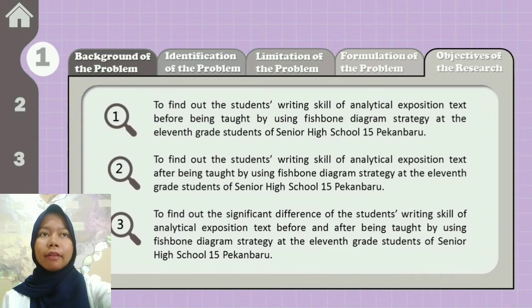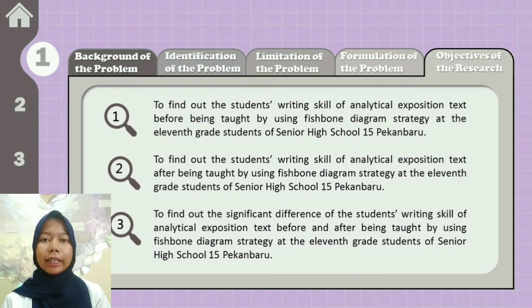Okay, and there are 3 objectives of the research. The first is to find out the students' writing skill of analytical exposition text before being taught by using the Fishbone diagram strategy at the 11th grade students of Senior High School 15 Pekanbaru.